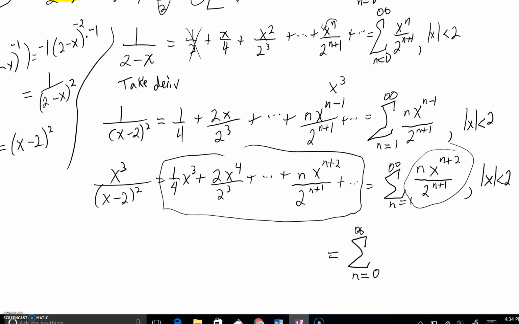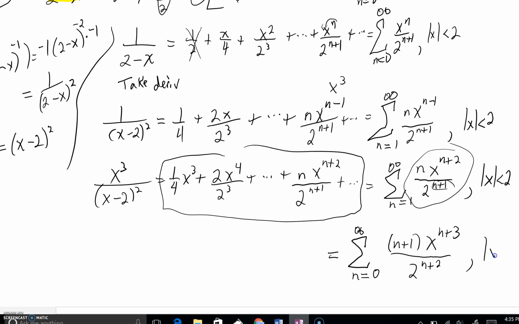We made our counter go down one step. That means everywhere else in this formula inside of sigma, we must increase by one step. So wherever we see an n, add one more to it. N plus 2 will become n plus 3. Down below, this n plus 1 would become n plus 2.